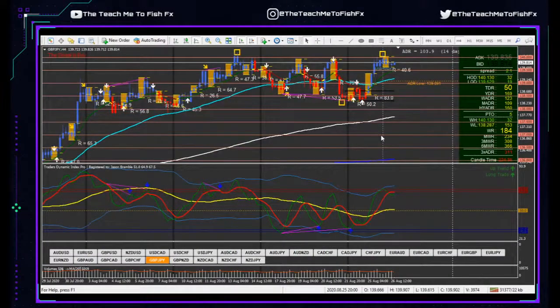Whether it goes bullish or bearish, long or short, we're going to be able to get some decent pips.